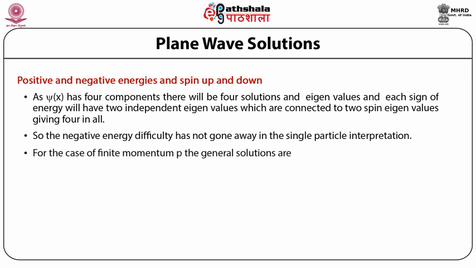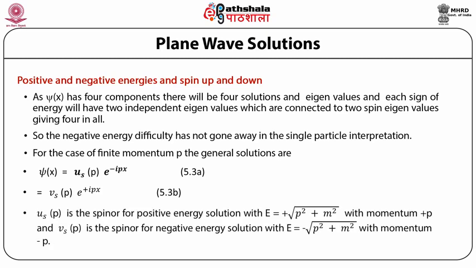For the case of finite momentum p vector, the general solutions can be written as psi x is u_s(p) exponential minus i p x and v_s(p) exponential plus i p x, where s takes the values 1 or 2, or plus or minus, for the 2 independent solutions related to spin. u_s(p) is the spinor for positive energy solutions with E equal to plus square root of p squared plus m squared with momentum plus p vector. v_s(p) is the spinor for negative energy solution with E equal to minus square root of p squared plus m squared with momentum minus p.